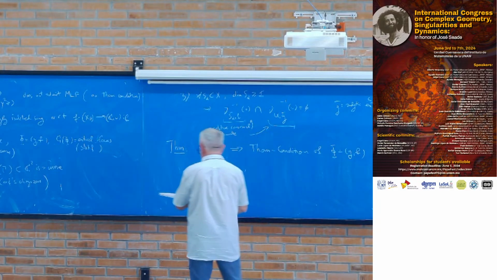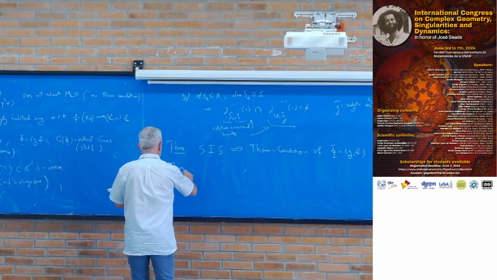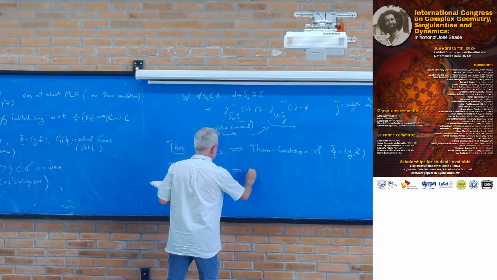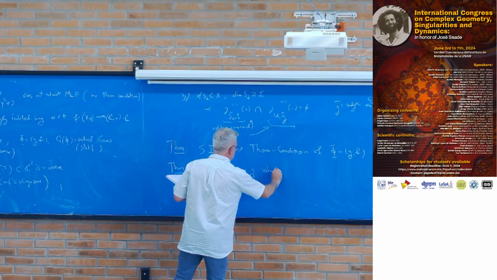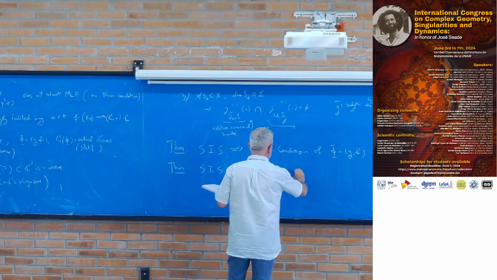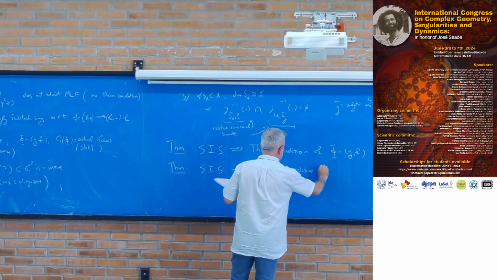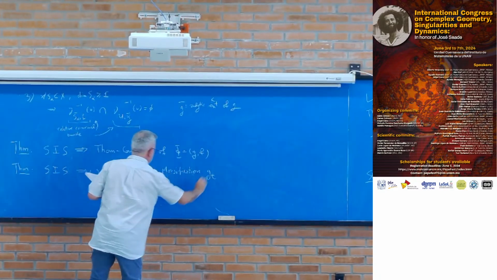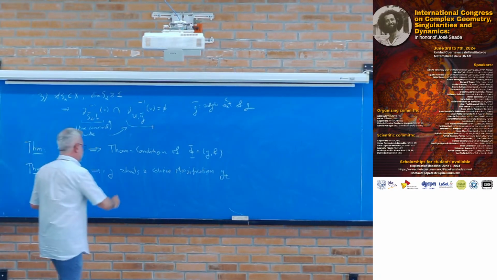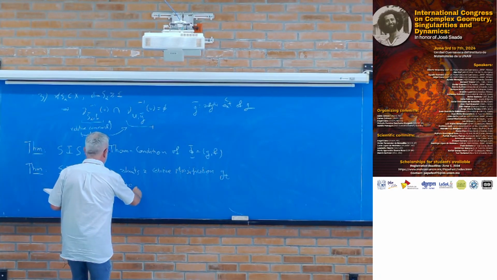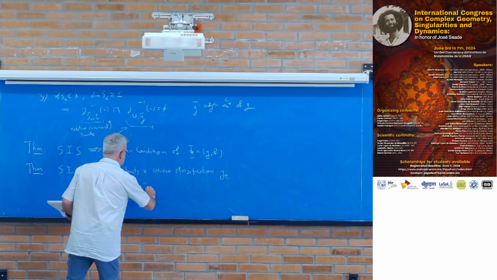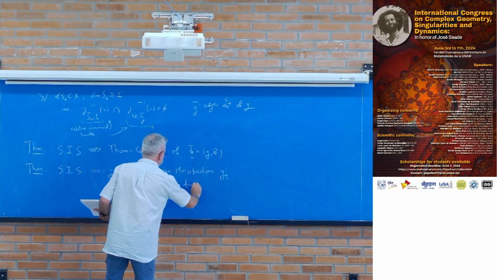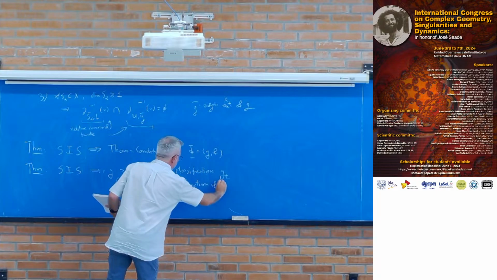So another theorem is that this condition also implies that G admits a relative morsification G_t. So relative morsification means that for t distinct from 0, G_t is a Morse function on the fiber of F.